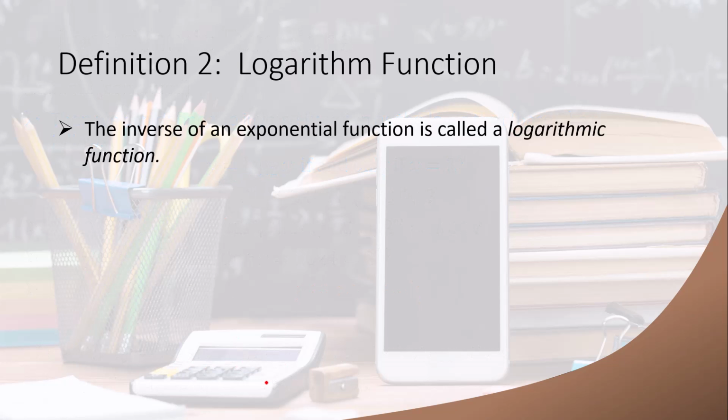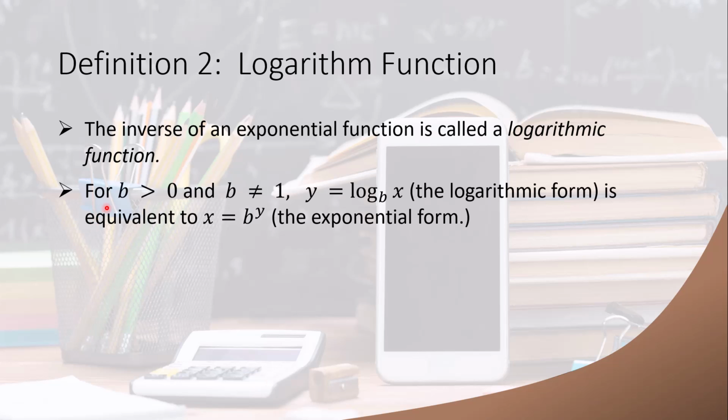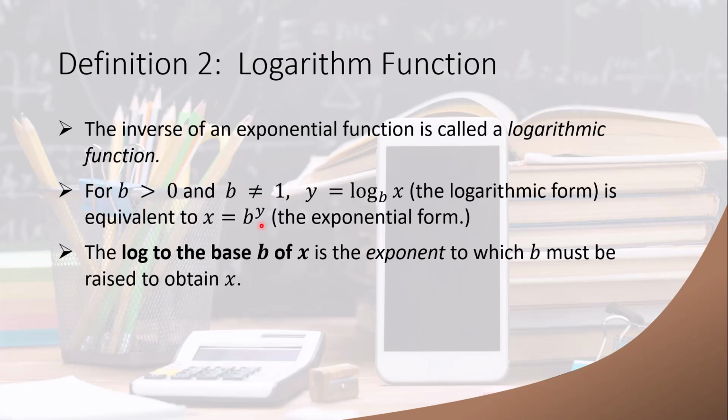And this brings us to our more formal definition of a logarithmic function. The inverse of the exponential function is called the logarithmic function. For any positive b, where b is not equal to 1, y equals log base b of x is equivalent to the exponential form x is equal to b to the y power. They have the exact same solution sets.